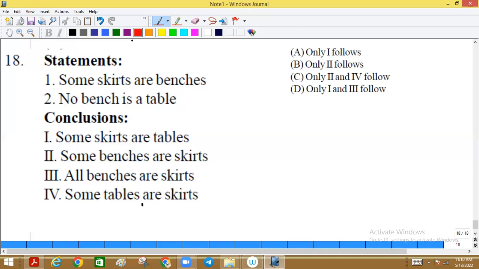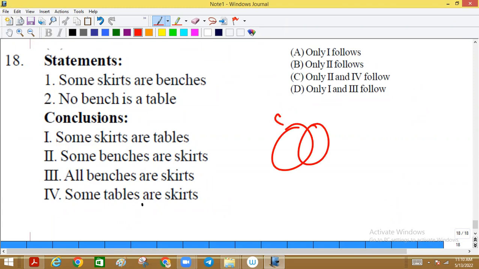Yes or no? Okay. Some skirts are benches.